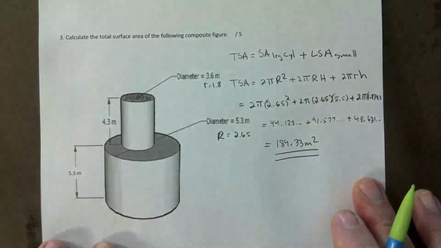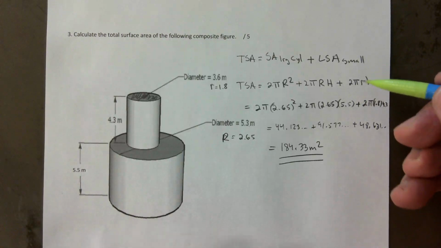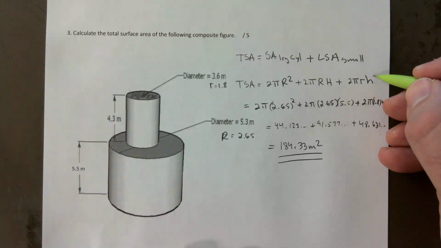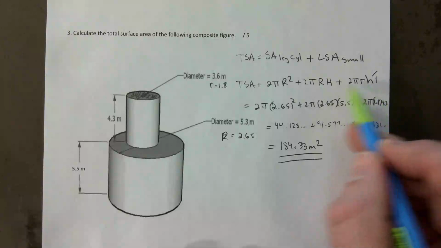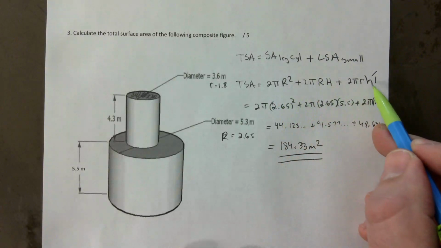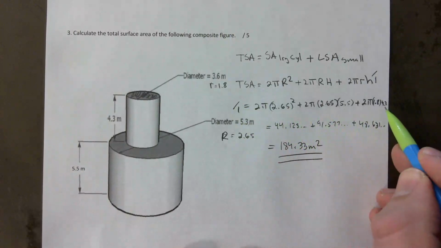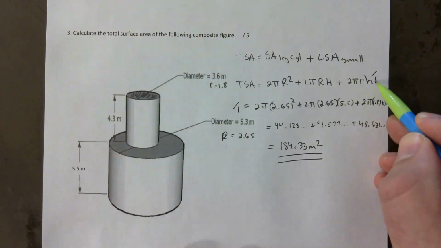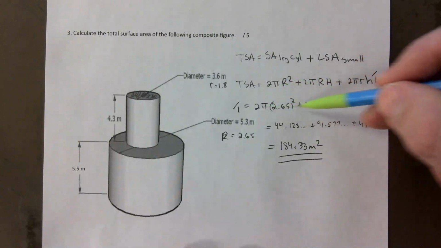How are we going to break this down? 5 marks is a bit too excessive in my opinion. I'm going to give you 1 mark for showing me what you're doing, and then 1 mark for correctly substituting everything in. Some of you might say, Mr. Erickson, I don't have this, I just have this.